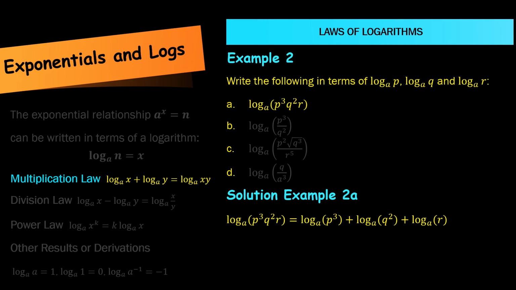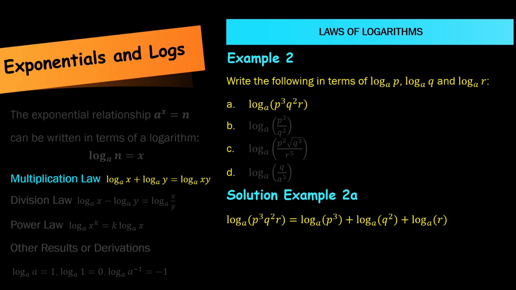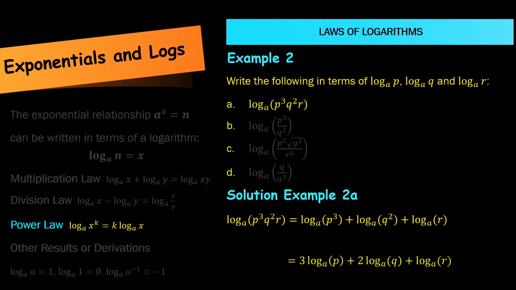We're going to apply the multiplication law, as shown here. And then the power law, here, here, and we don't actually need to here, it's just left as it is. And hence we have the expression in terms of log p base a, log q base a, and log r base a.